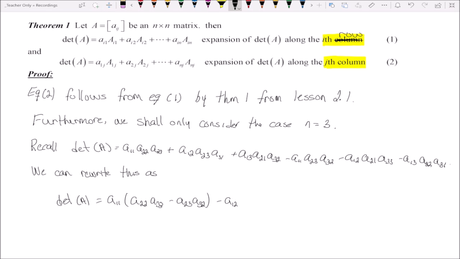Factor out a negative A12. We're left with A21 times A33 minus A23 times A31. Then we can factor out an A13 and be left with A21 times A32 minus A22 times A31.